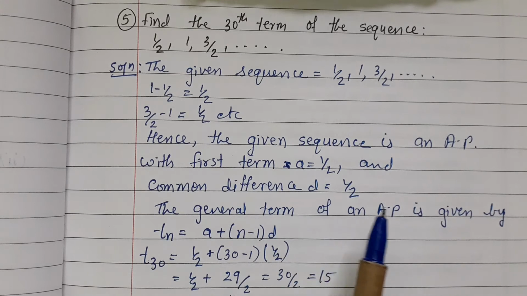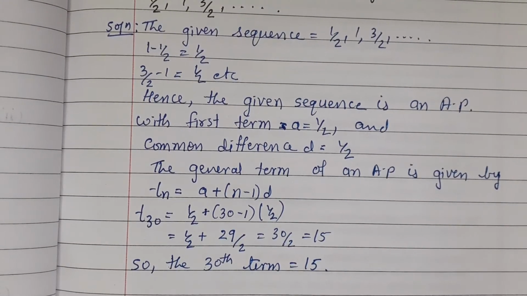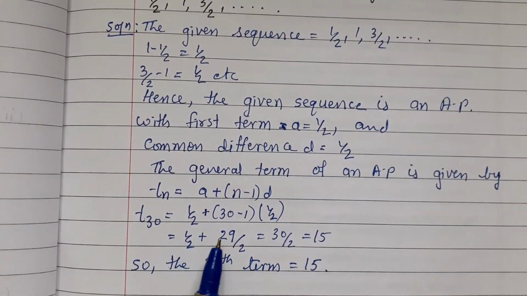The general term is Tn equal to A plus (n minus 1) into D. Substituting the values, T30 equal to 1/2 plus (30 minus 1) into 1/2. 1/2 plus 29/2 equal to (29 plus 1)/2, 30/2, equal to 15. So, the 30th term equal to 15.